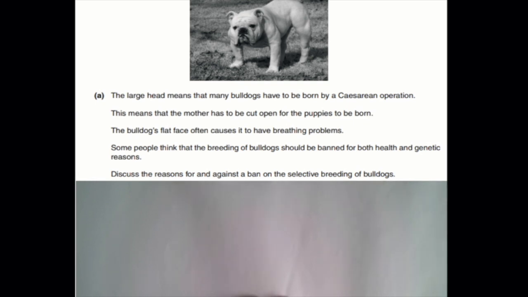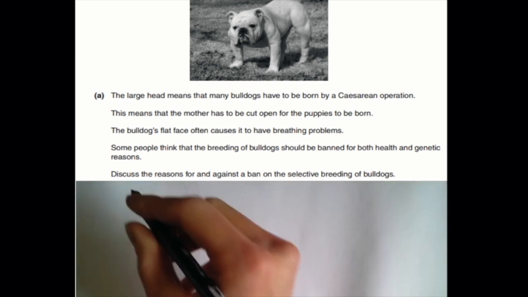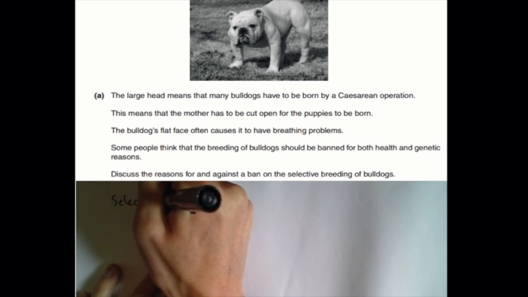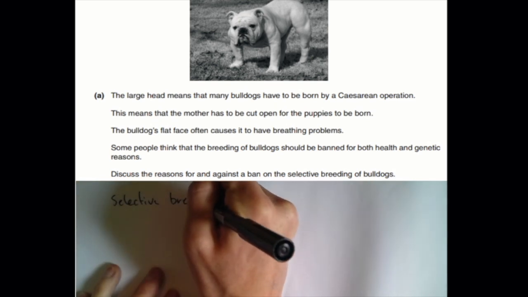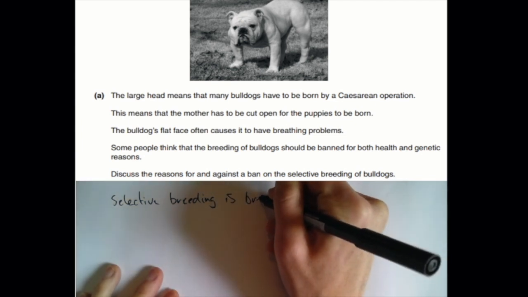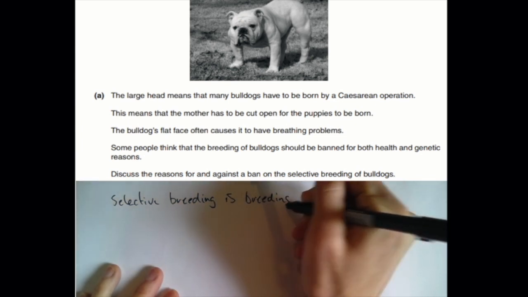So this is a tough question where really it wants you to talk a little bit about selective breeding in general, and higher level students will explain where these problems come from. So the first thing we can say here is that selective breeding is breeding for desired characteristics.